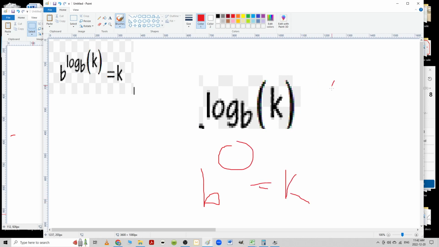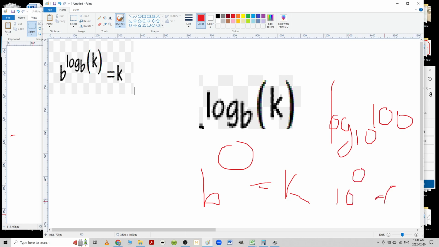In other words, if this said log base 10 of 100, it's asking what exponent do I put over 10 to get 100? Clearly, the answer is 2.